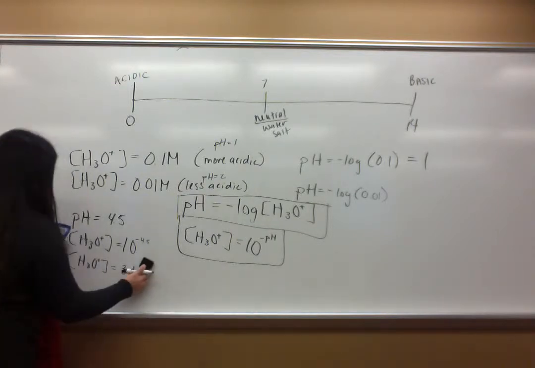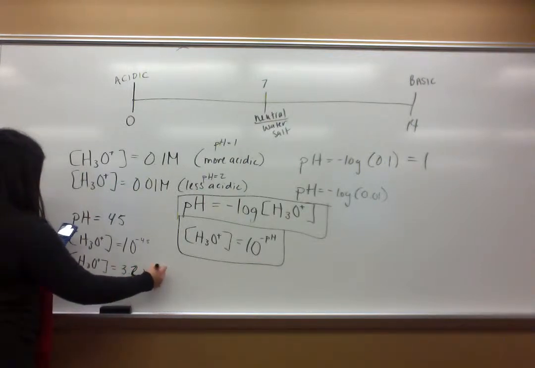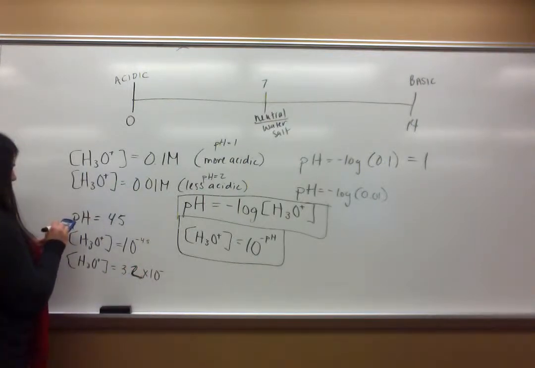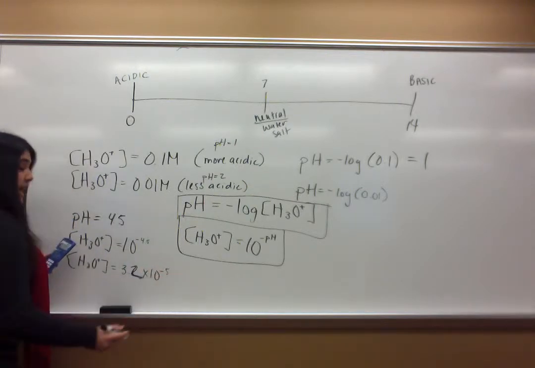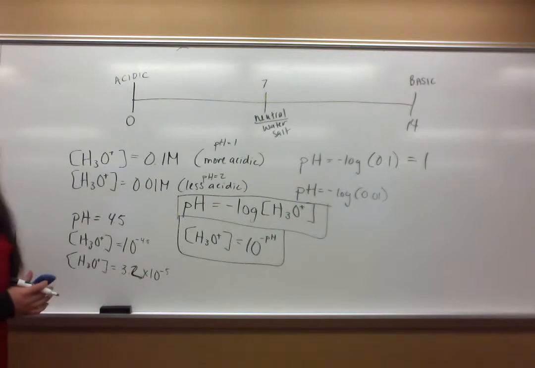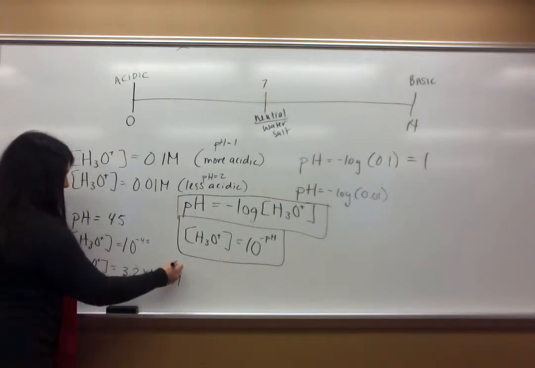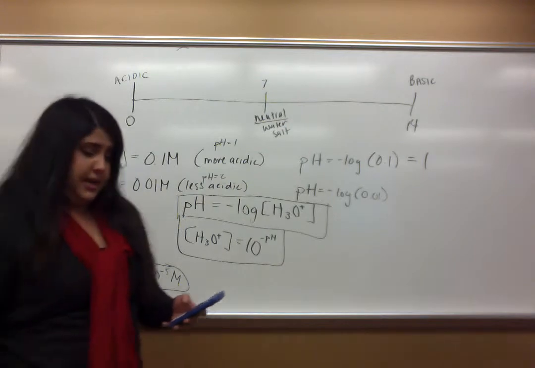In this case, I'll go with 3.2 times 10 to the negative 5. And again, there are no units on pH, but there are definitely units on concentration. Units should be something like moles per liter, or molarity. So my concentration of H3O+ would be in units of molarity.